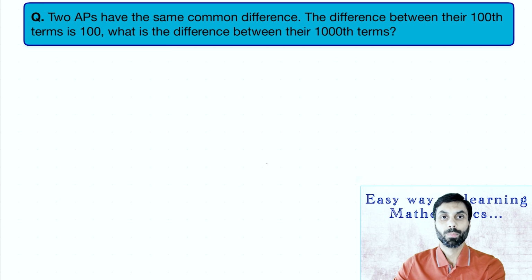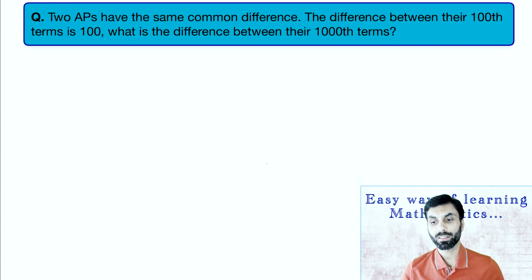Moving to the next question, we have two APs with the same common difference. The difference between their 100th terms is 100. What is the difference between their 1000th terms?